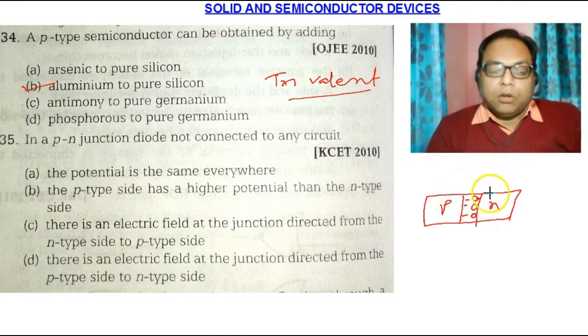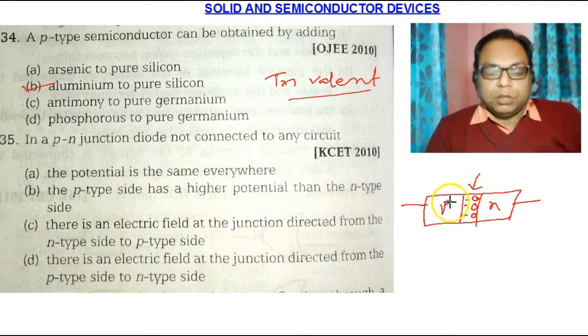Obviously due to diffusion or recombination at the junction, an electric field is generated, because the positive wants to move toward the negative side and the negative wants to move toward the positive side. Electrons want to move toward the p-type and holes want to move towards the n-type, and due to this, an electric field is generated at the junction.